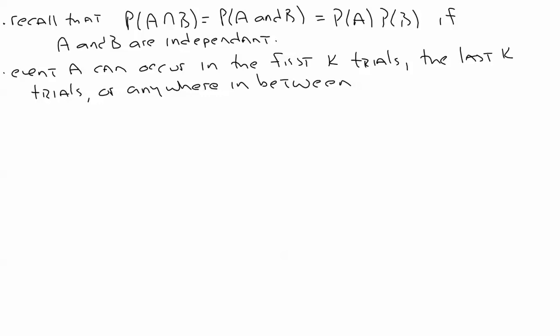All right. Event A can occur in the first K trials, the last K trials, or anywhere in between. All we want is that A occurs K times out of N trials.